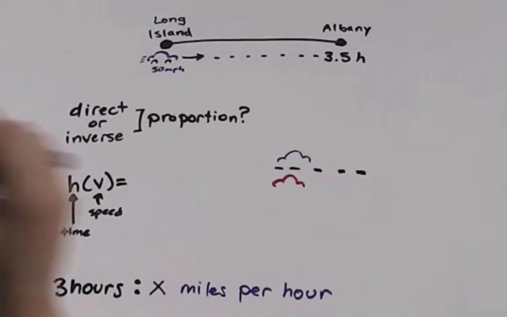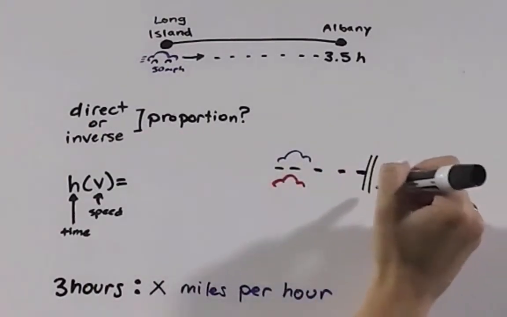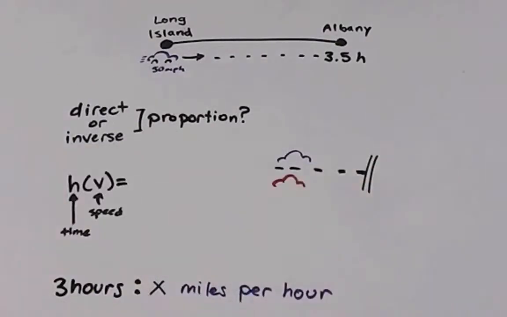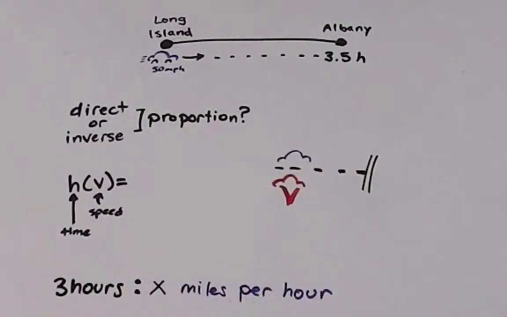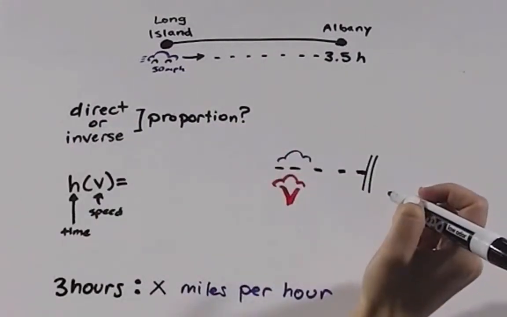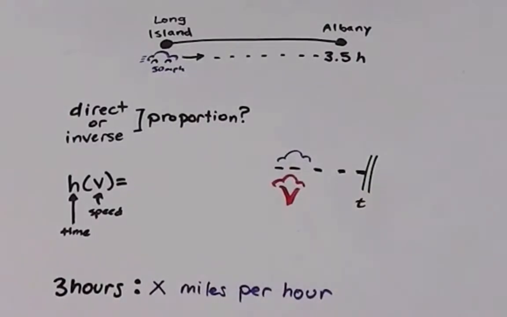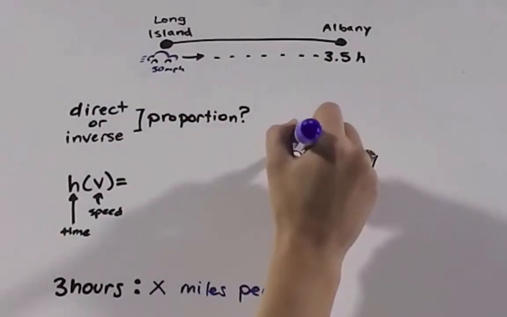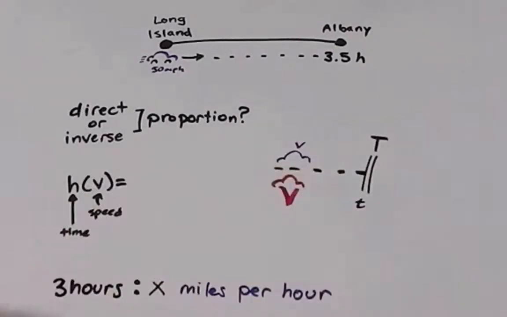Which one is going to get to the finish line first? Well, you would say the fast one's going to get there first. It has a greater velocity and its time ends up being smaller, whereas this one has a smaller velocity, it's slower, and it takes longer to get there.